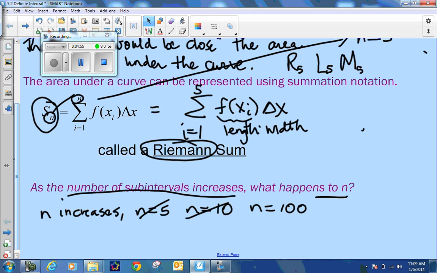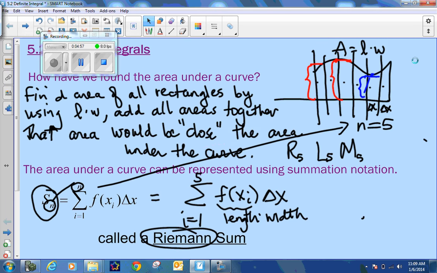Now I'm not going to attempt to draw 100 spaces in here, but what's going to happen is you are going to have less space in between. If you divide into tiny little rectangles, you're going to have less space that the area doesn't cover.